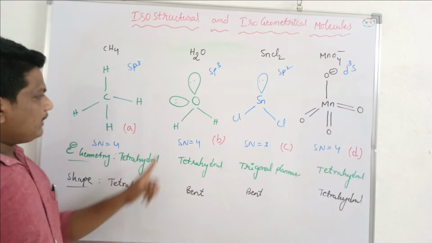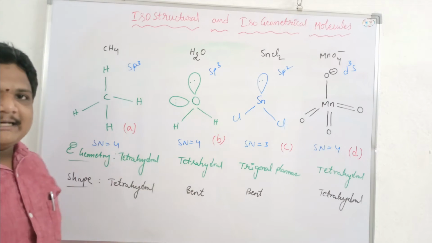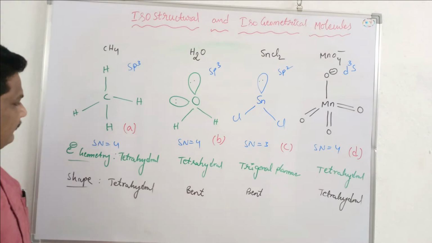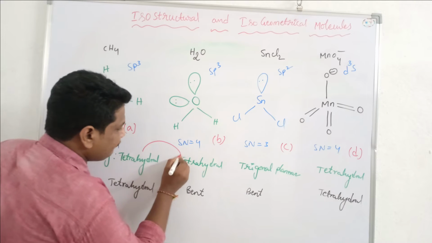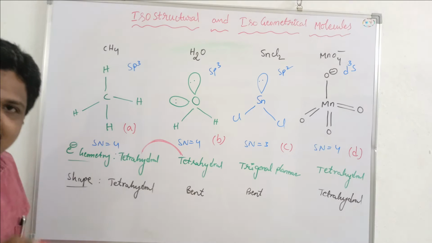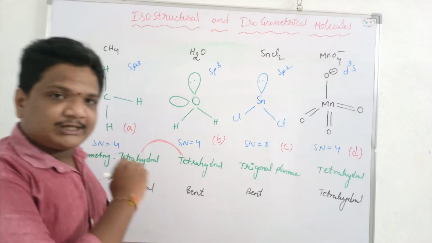But molecule B and C, that is H2O and SnCl2, have a bent shape. So here we have A and B, which have the same kind of structure.